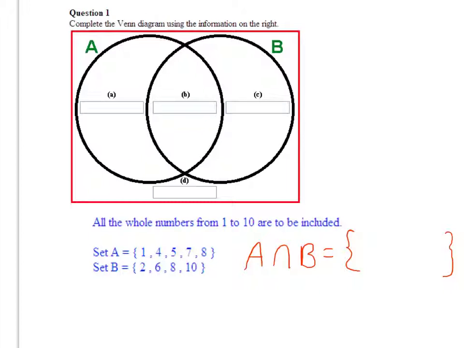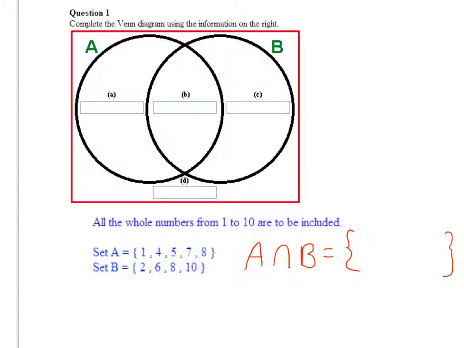And there's some types of problems where we're going to want to fill in the numbers by maybe a description or even numbers listed in sets as we have here. So if you look at the bottom of the page, it says, all the whole numbers from 1 to 10 are to be included. So remember, the whole numbers are not fractions or decimals in between, just those integers from 1 to 10.